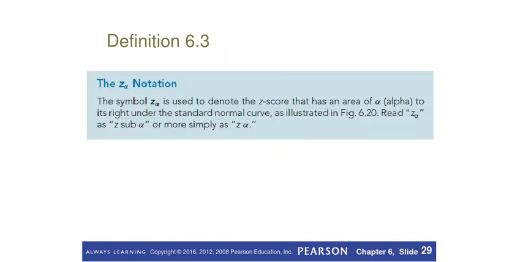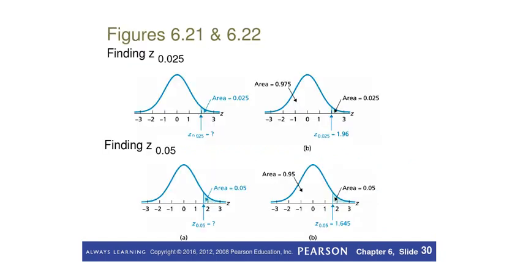Now, there is some specific notation that we can use to quantify all of this. It's called Z alpha notation. The Z sub alpha is used to indicate the score that's associated with an alpha area that's to the right on the standard normal curve. I'm going to read that Z sub alpha, or Z alpha. All right, so what does that mean to us?